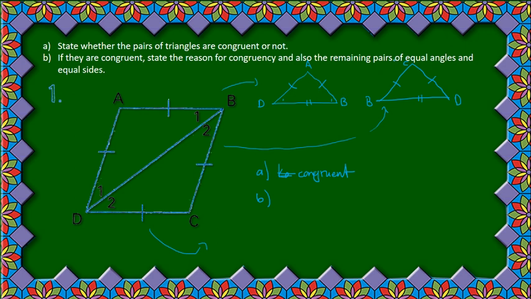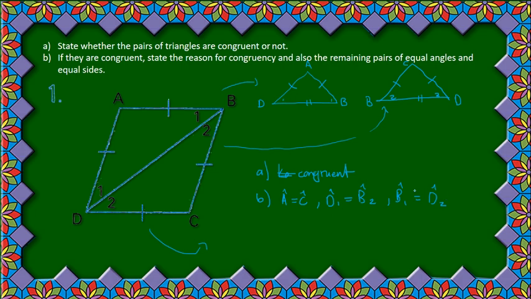So we've got 3 equal angles then. So then angle A would be equal to angle C, angle D1 would be equal to angle B2, and angle B1 will be equal to angle D2.